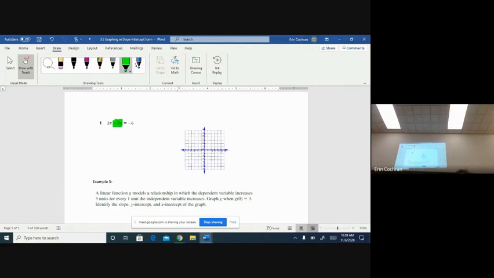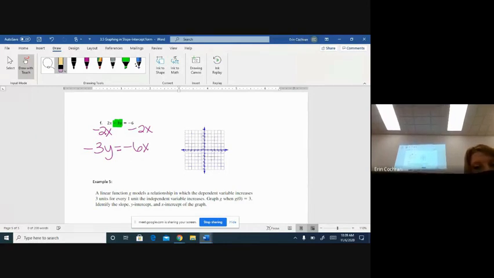All right, so how do I move 2x to the other side? Subtract it, yeah. That's a 2. All right, so we have -3y equals -6 minus 2x. It says -2x, just so you guys know.